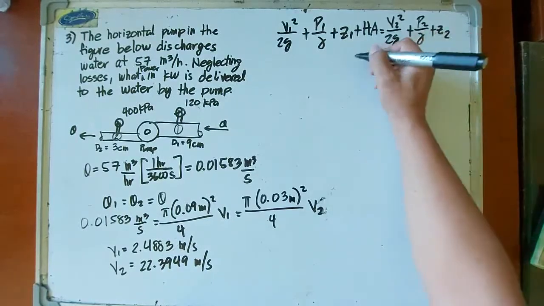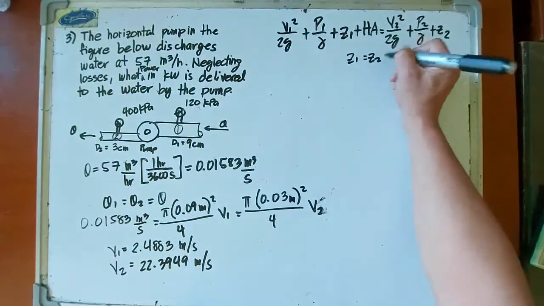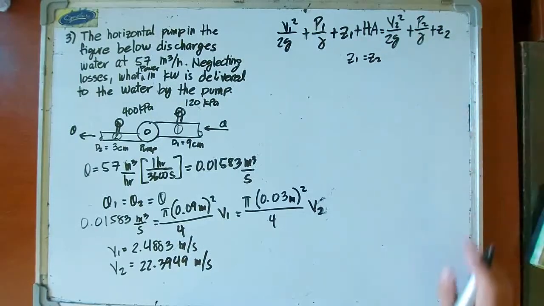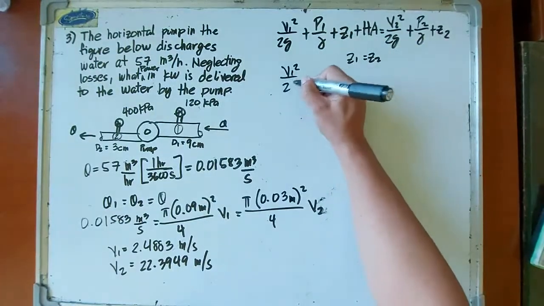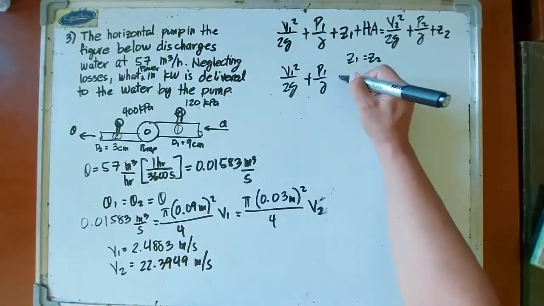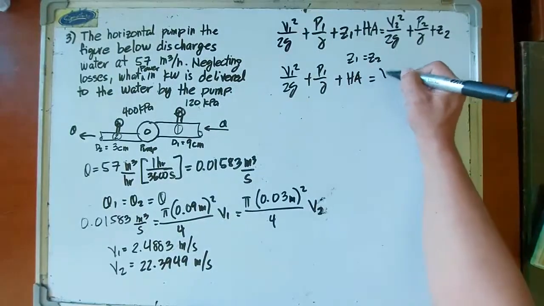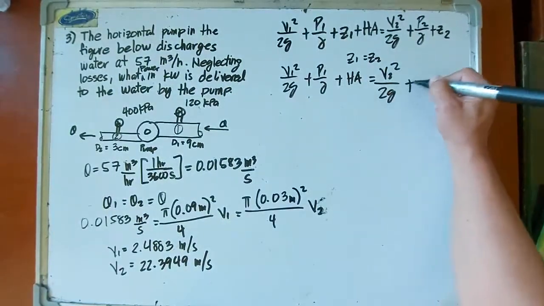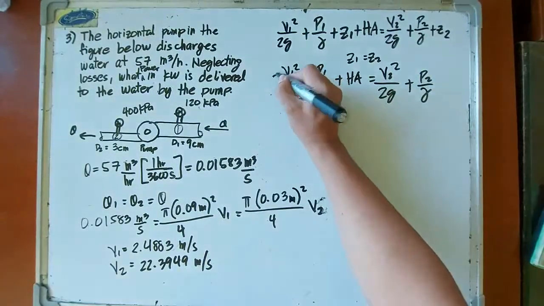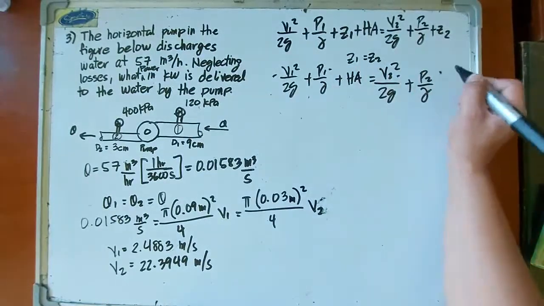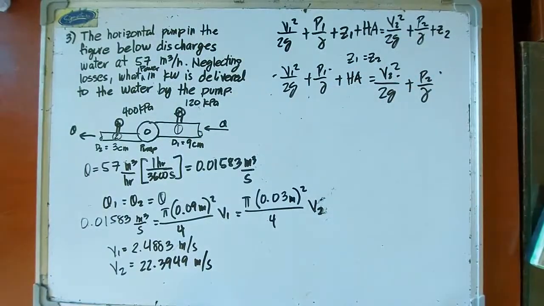So Z1 is equal to Z2. So definitely Z1 and Z2 would be eliminated from the equation. So we're left with V1 squared all over 2G plus P1 over gamma plus HA equals V2 squared all over 2G plus P2 over gamma. So alam naman natin yung V1, V2, we also know P1 and P2, so we're left with one unknown in the entire equation. So let's just substitute the values to the equation.